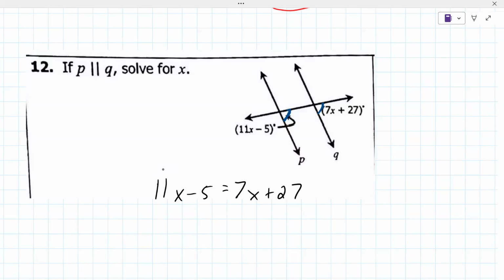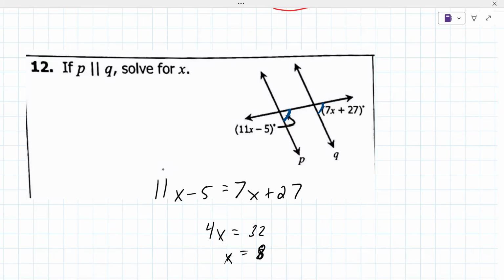Is that right? Of course it's not. I messed it up. So minus 7x. 11 minus 7 is 4.